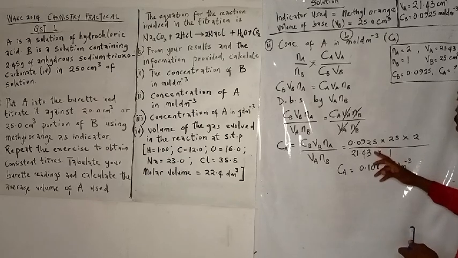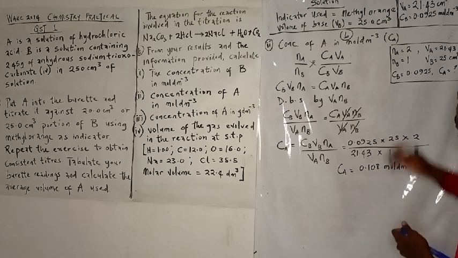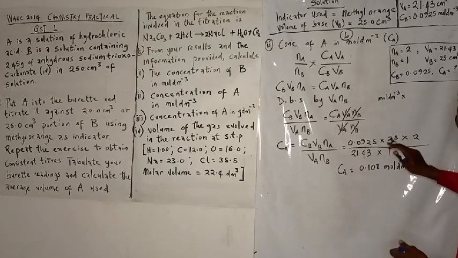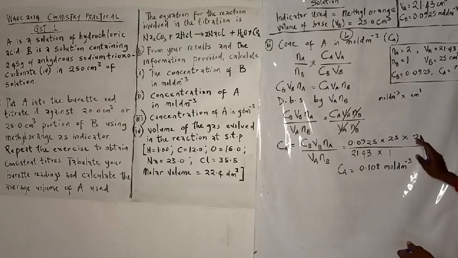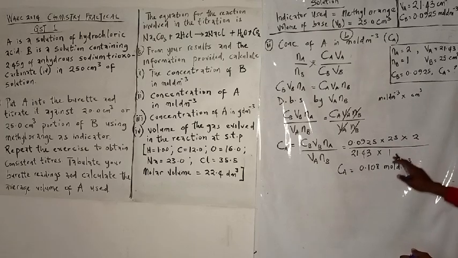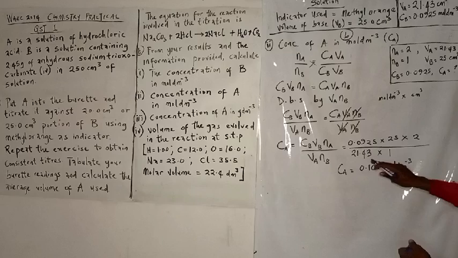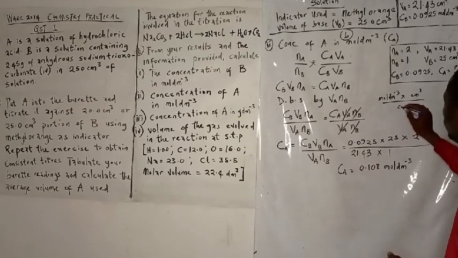If you look here, you will notice that the unit of Cb is in mole per dm cube, and then the unit of Va is in cm cube, and the unit for the Na and Nb, they don't have any unit because they are expressions in ratio. And so you'll find that the unit of Va is also in cm cube.